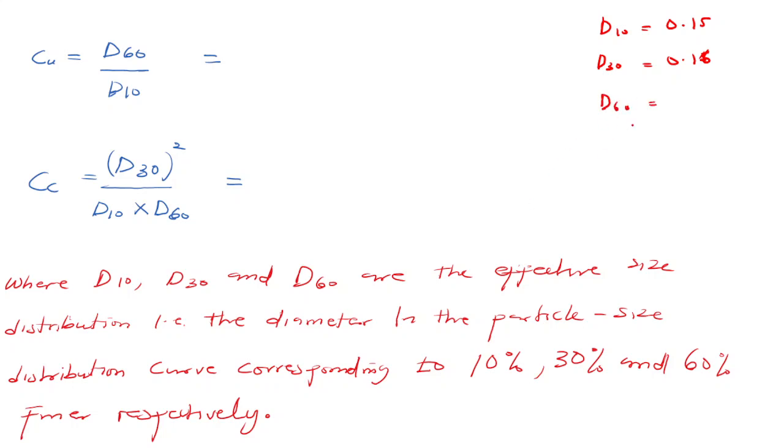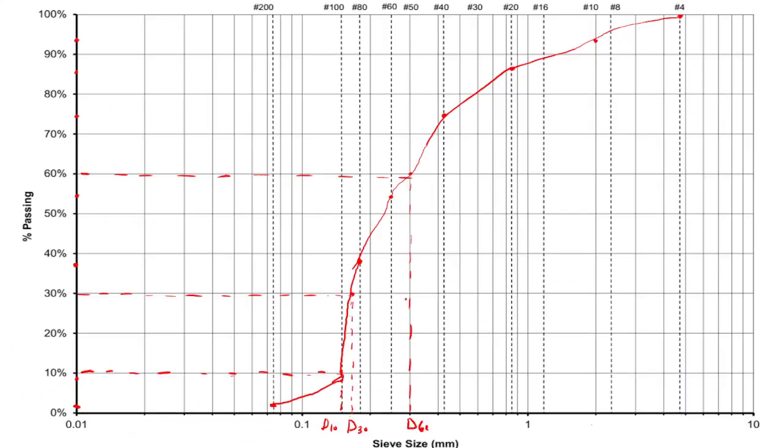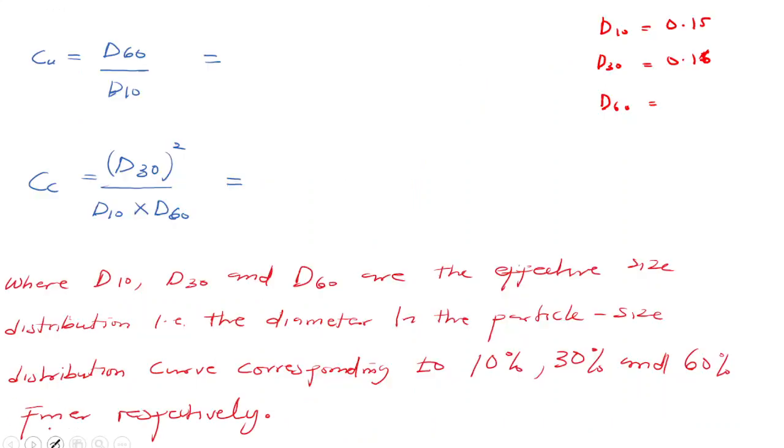So our D60 is equal to, let's check the chart. This is 0.1, 0.2, 0.3. Our D60 is 0.30.